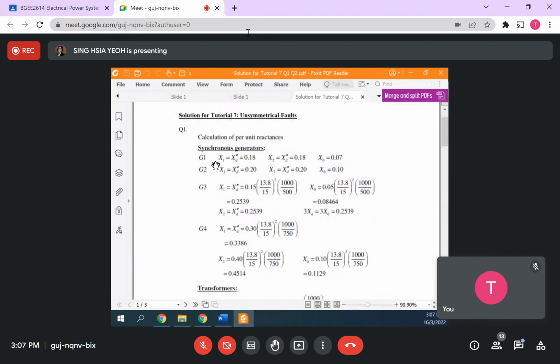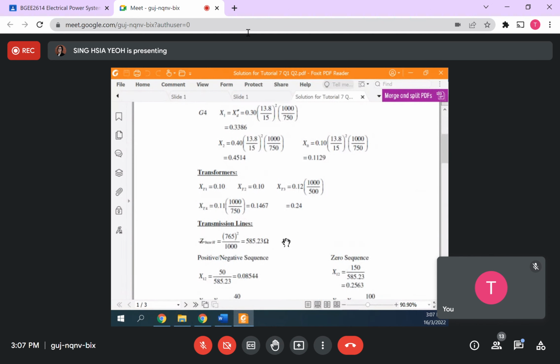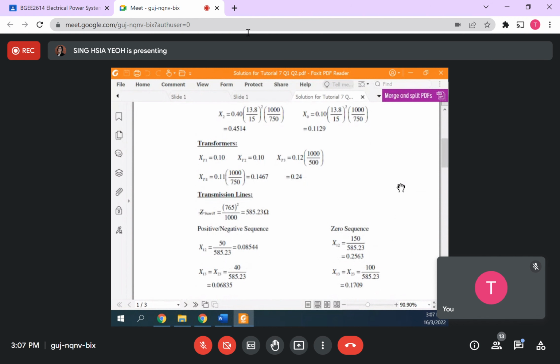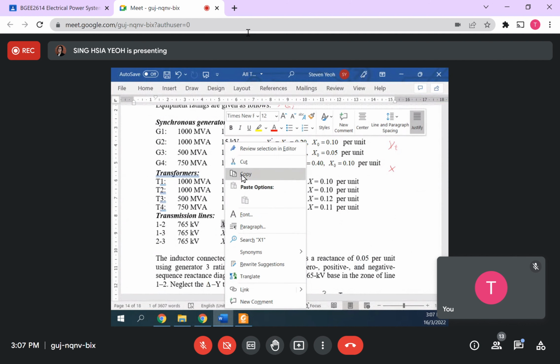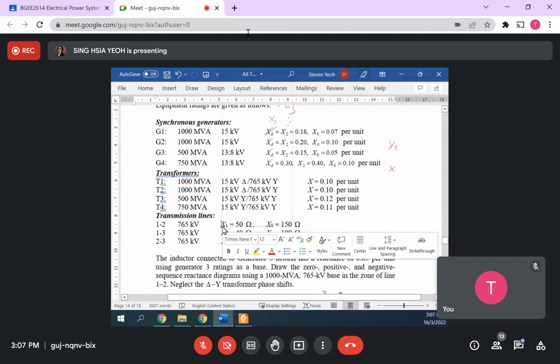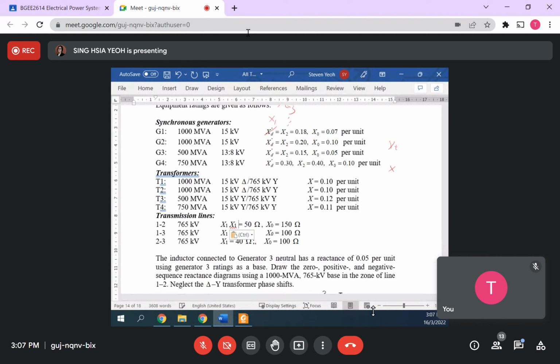So you do it like this. But actually, I don't really prefer to combine. I prefer to separate positive and negative. So here is X1 and X2. X1 equals X2.